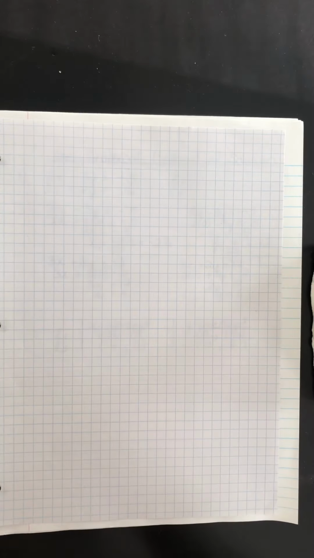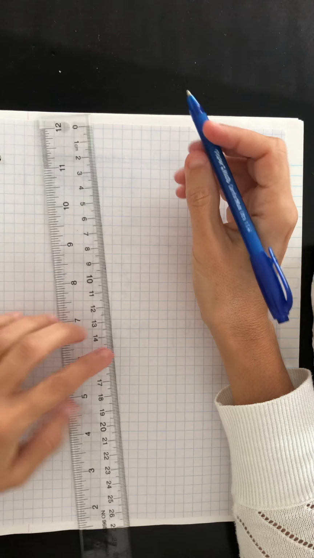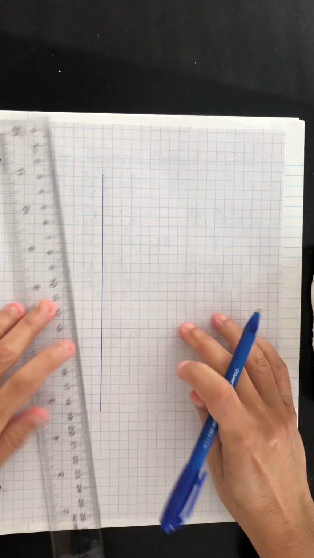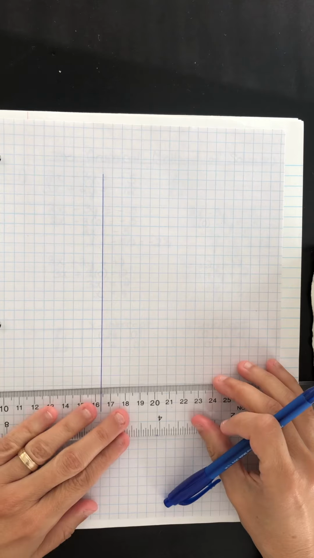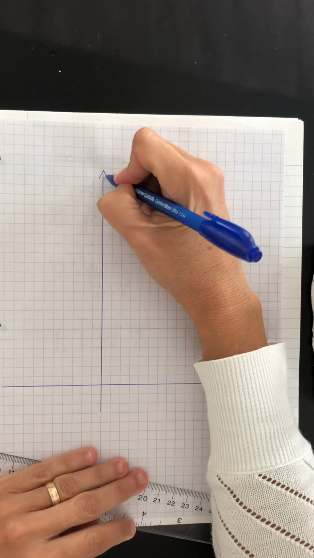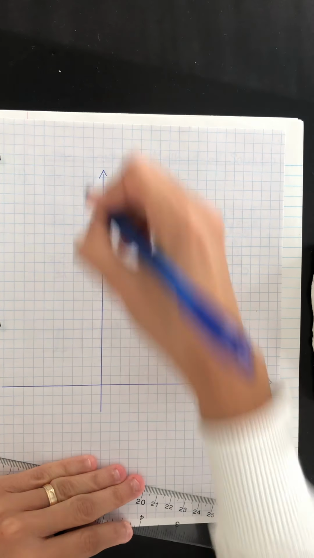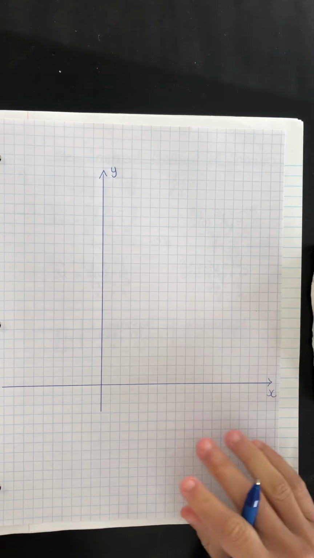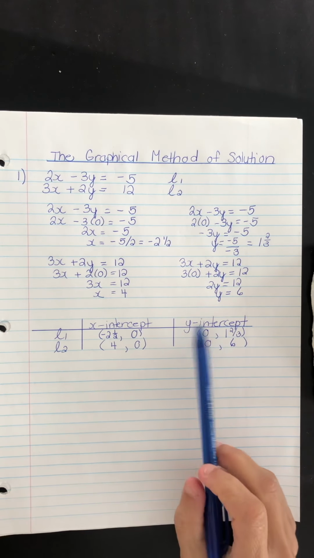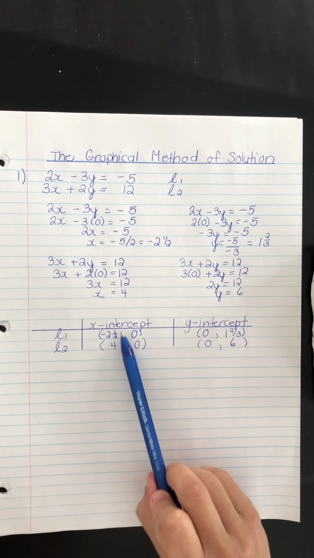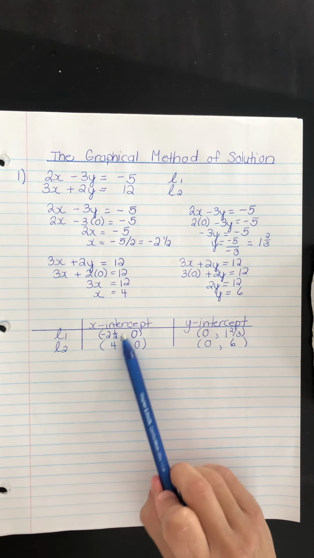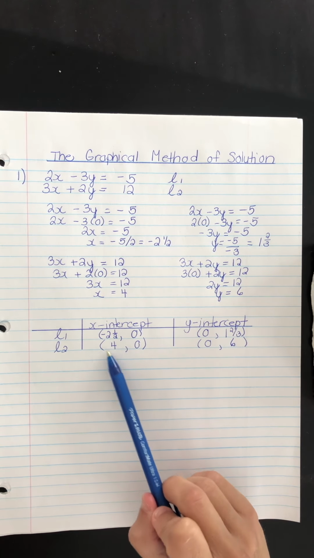So to begin with, I'm going to just start with some axes, like this. x and y. All right, so now for the x values, I have to make sure that I at least go to -2.5, which is the smallest x value, and the largest x value is 4.